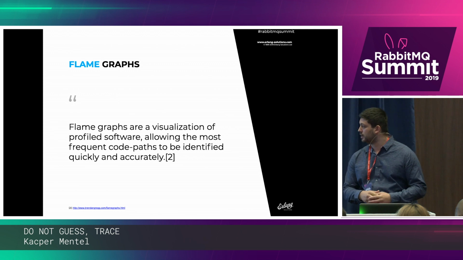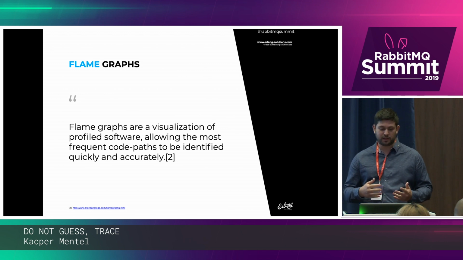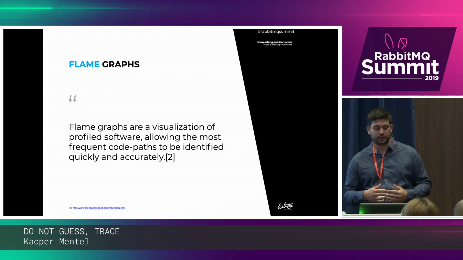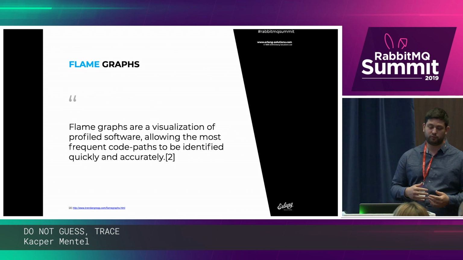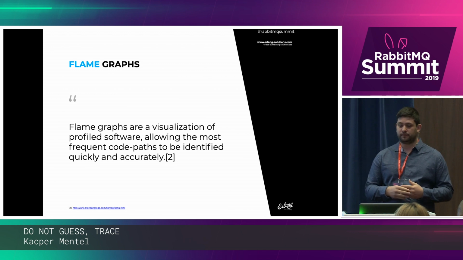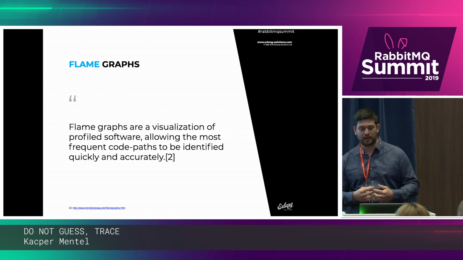One of the techniques that helps with profiling is using flame graphs. Flame graphs are a visualization of profiled software, allowing the most frequent code paths to be identified quickly and accurately. It perfectly fitted our case, as we wanted to identify the most expensive code behind the API.